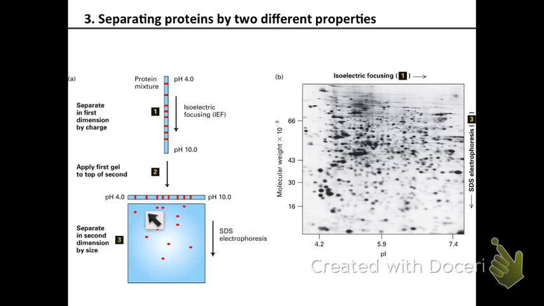The properties of this gel and the buffers that you run these proteins in within the electrical field allow you to separate them by size. That's essentially SDS electrophoresis. So if your protein is acidic and large, it's going to be stuck in the upper left corner of this second gel. And if your protein is basic and small, it's going to run fast, and it's going to be on the right-hand side of the gel. Does that make sense?